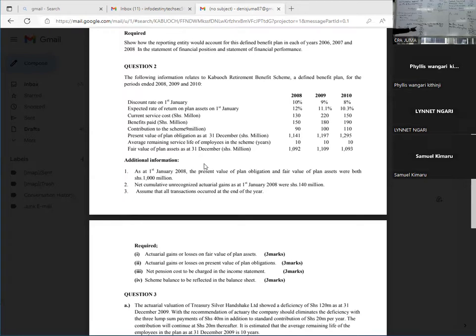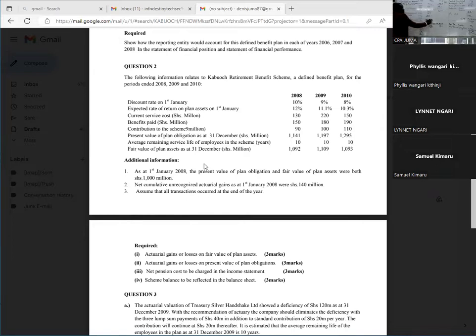We started with 140. During this year, net actuarial loss was 29. Then of the 140, what has been transferred to the profit account is 4. So remaining is 107. So bring here 107. What is the corridor limit for 209? 114.1.